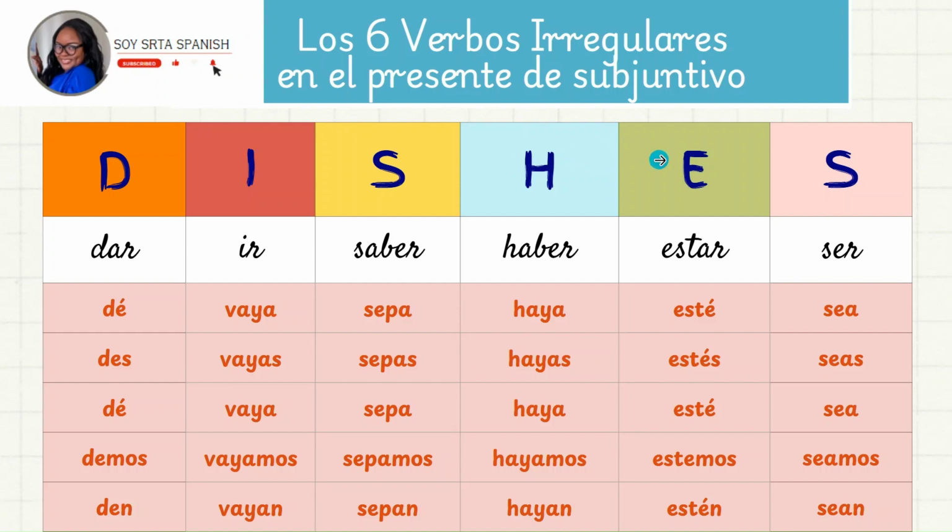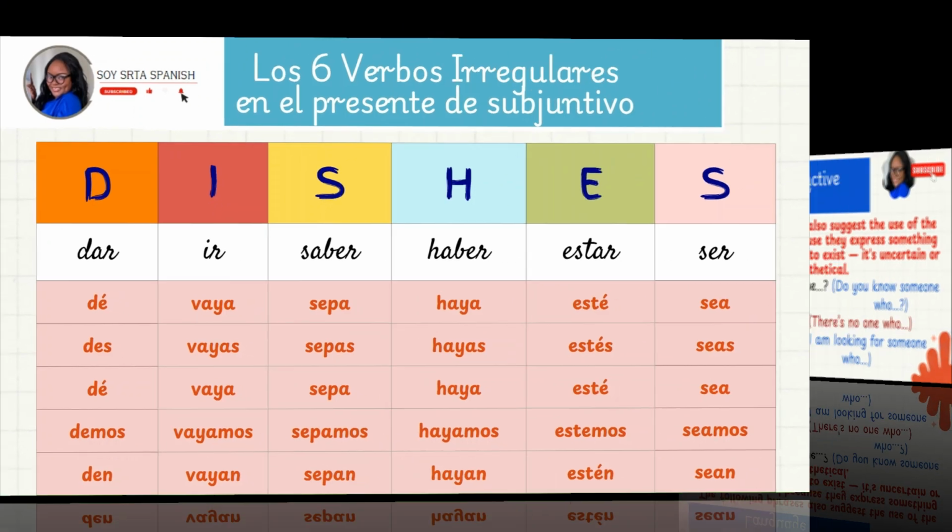Estar, which is to be, esté, estés, esté, estemos, estén. All but the nosotros have that little accent. And for ser, which is also to be, it would be sea, seas, sea, seamos, and sean. So these are our 6 verbs in the subjunctive, which would be completely irregular.